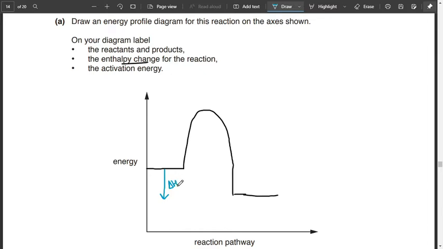And then we have activation energy. We show the activation energy till here. That is Ea. This is basically the activation energy.